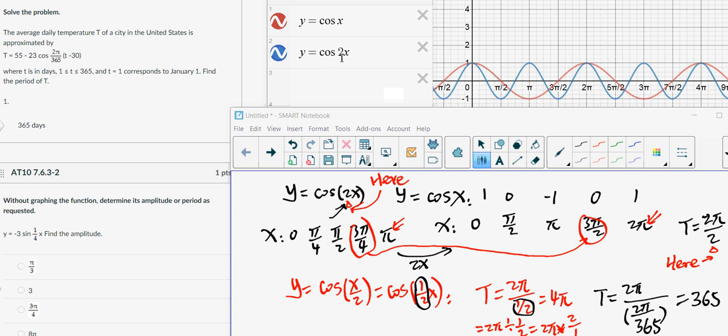But how about cosine 2x? Here is cosine x. What's the period for cosine 2x?